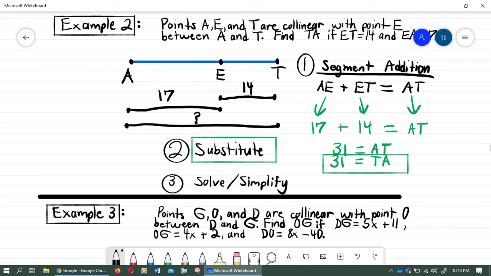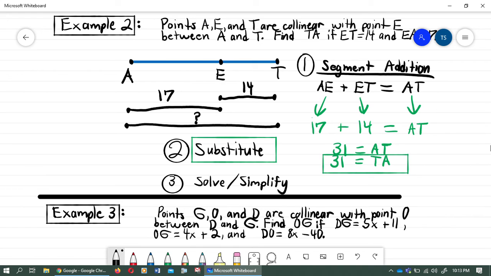All right, so let's do this. Points G, O, D. Oh man, that spells God. Hallelujah. All right. Points G, O, D are collinear with point O between D and G. Find OG. Oh, that stands for original gangster. OG, triple OG. Hey.